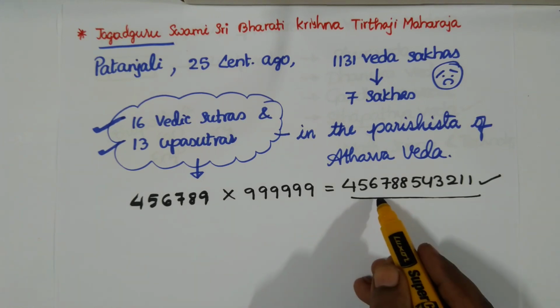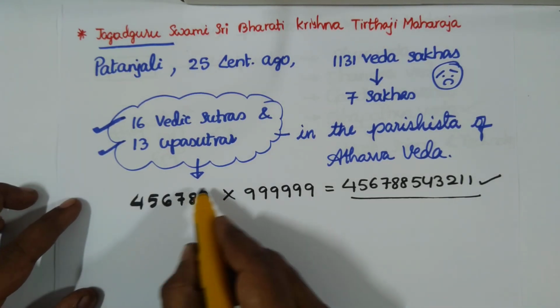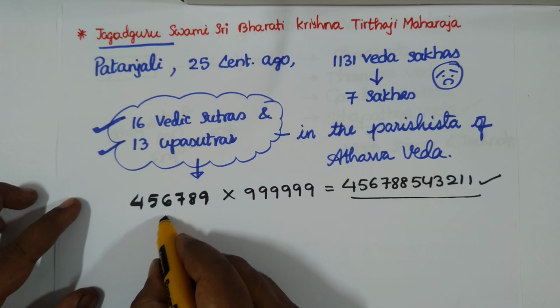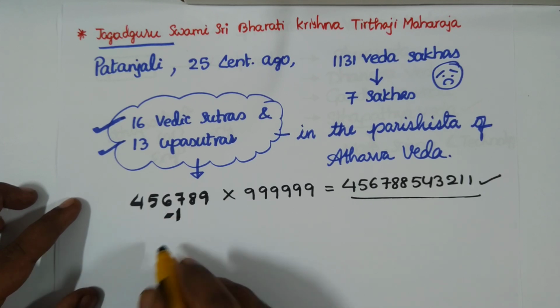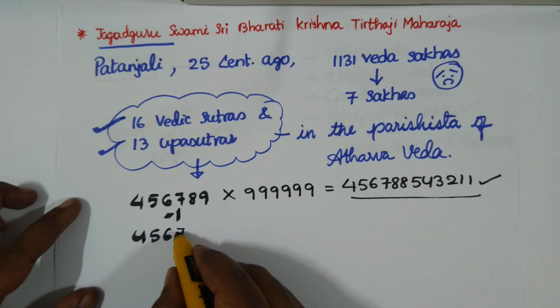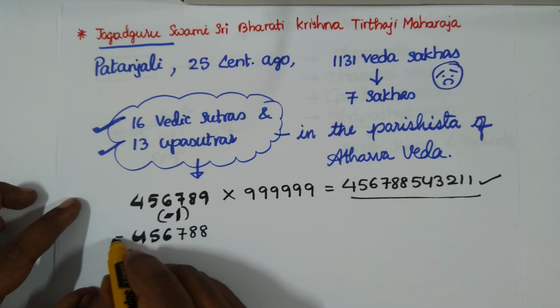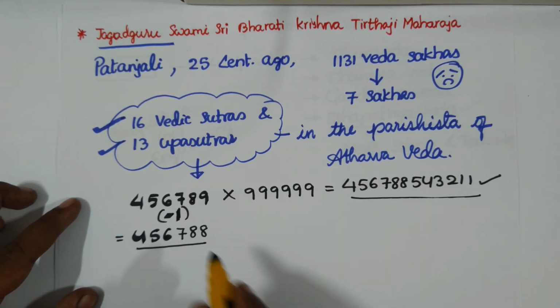Now you know how we got this one? This is the multiplicand. You subtract 1 from this multiplicand, and you get 456788. This is the stage 1 answer.